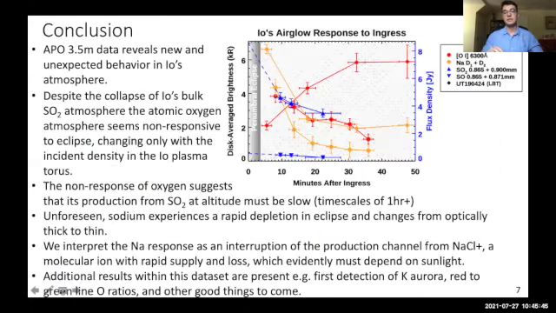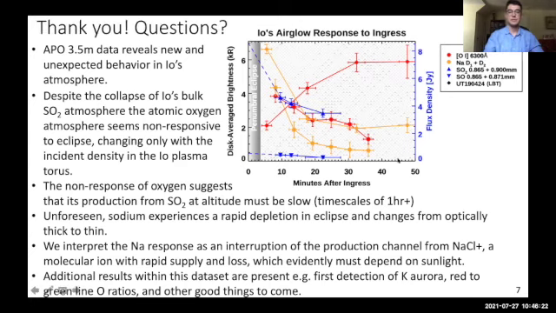That stuff is somewhat in ingress and further into eclipse, and we're still getting it ready for analysis, especially with the pointing, which we can't entirely confirm, and therefore the temporal results are somewhat dodgy at best. But we have possible other results of the first detection of potassium, this red line to green line oxygen ratio, and basically a lot more cool stuff is going to come out of this data set from APO with ARCES. And that's about it. I'll be taking questions. Thank you.